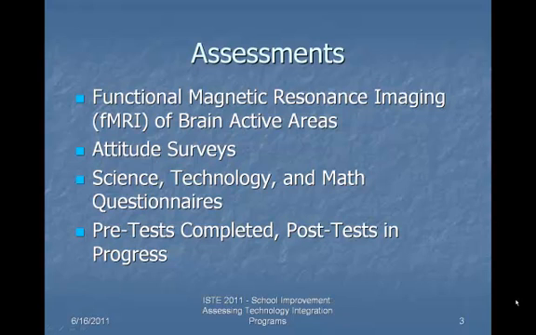Therefore, while the students are in the fMRI equipment, they can go through several tests, in which case it would intensify the blood flow in different regions of the brain, and depending on the level and the intensity of this blood flow, that can be an indication of how active that region is.